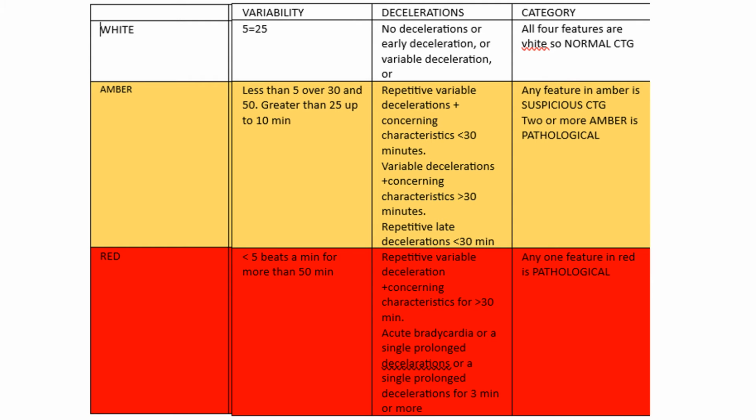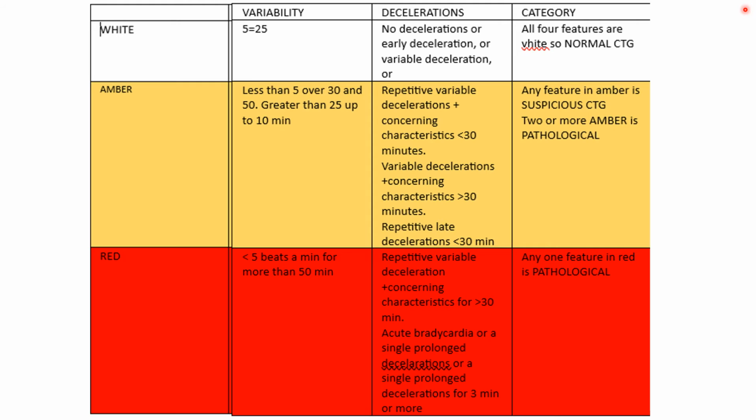So now we move on to the column of decelerations. Decelerations are defined as transient episodes when the fetal heart rate slows to below the baseline level by more than 15 beats a minute, and each episode lasts 15 seconds. An exception to this is in a trace with reduced variability, even if it is a shallow deceleration.